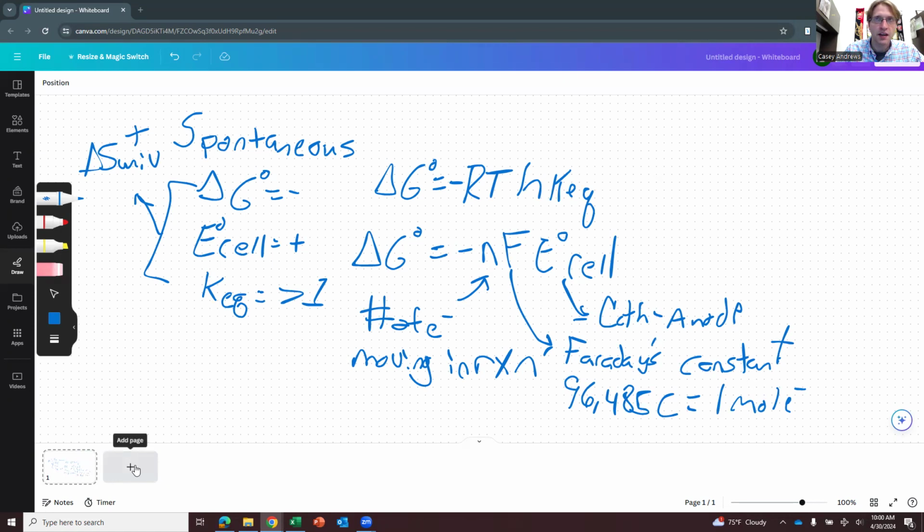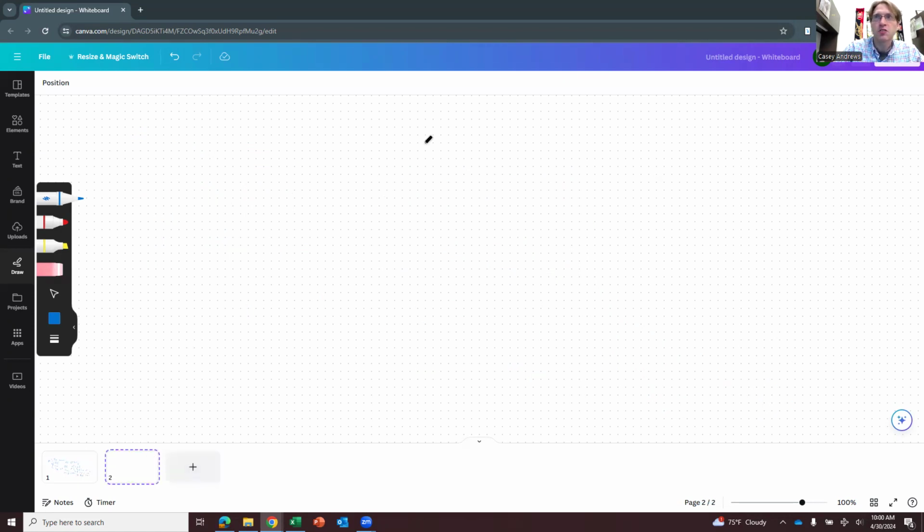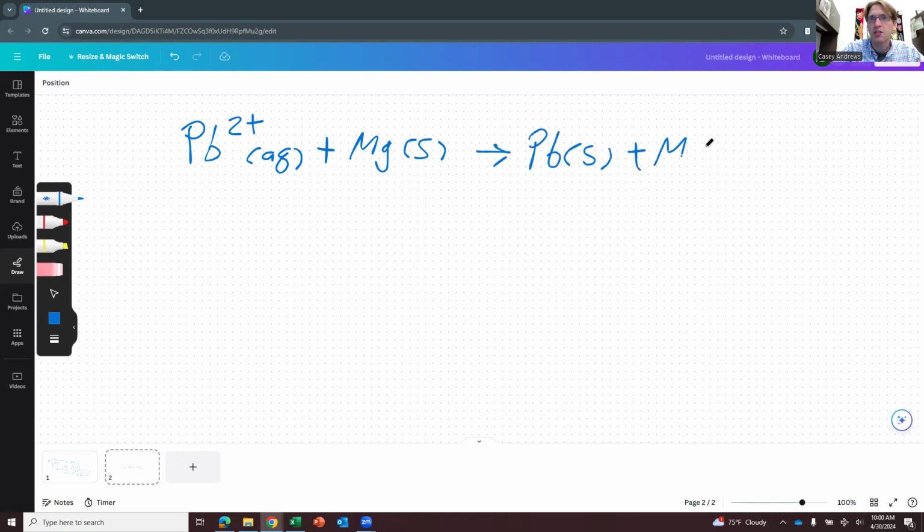So let's actually look at a problem. So we have Pb 2+ aqueous plus Mg solid goes to Pb solid plus Mg2+ aqueous. And the reduction potentials, so lead 2+ plus 2 electrons goes to lead solid.